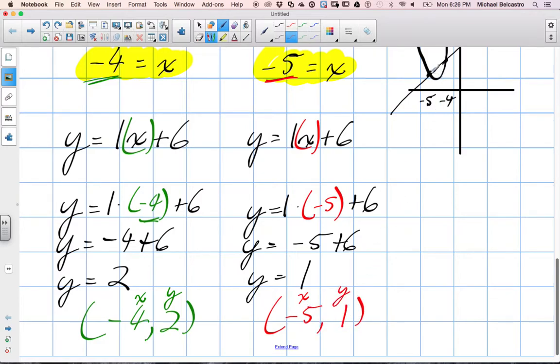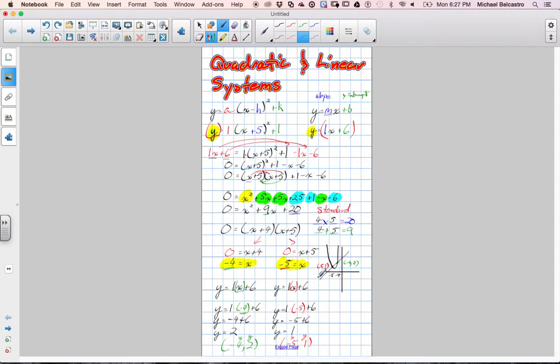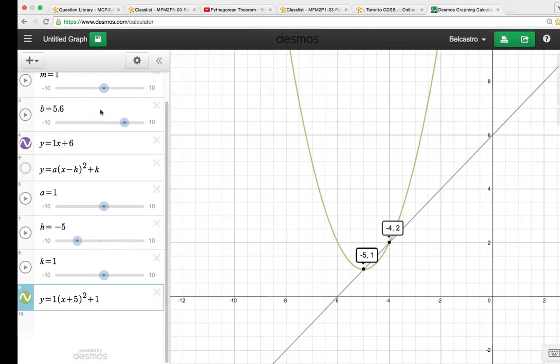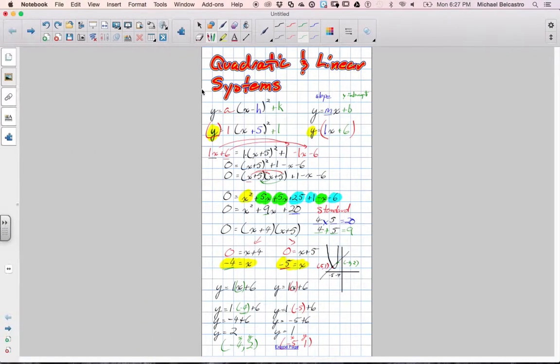So we have -5, 1 as one of the coordinates, and -4, 2. That makes sense because it's sloping upward. So those are the points of intersection between these functions. There's a ton of steps, and these are the coordinates we got when they intersected each other.